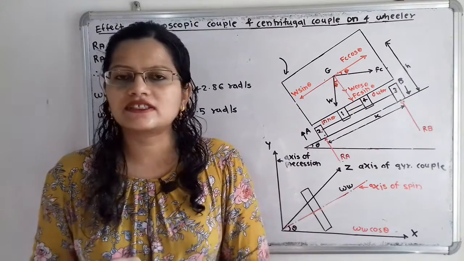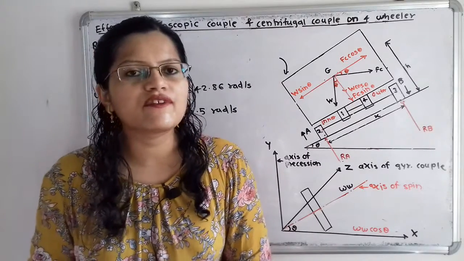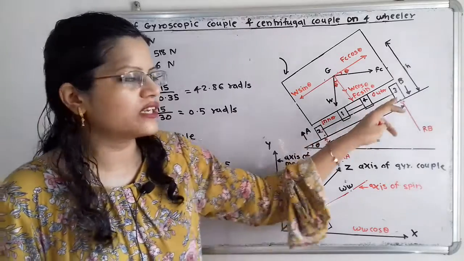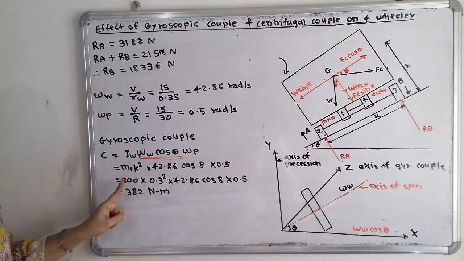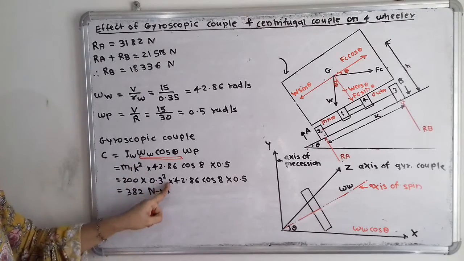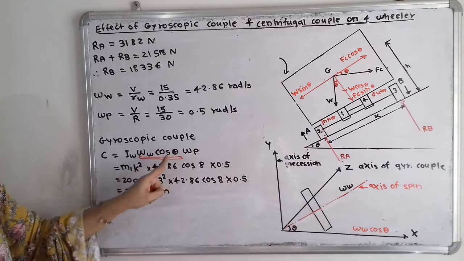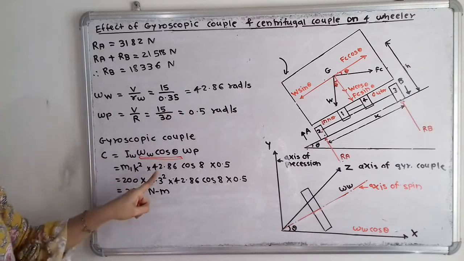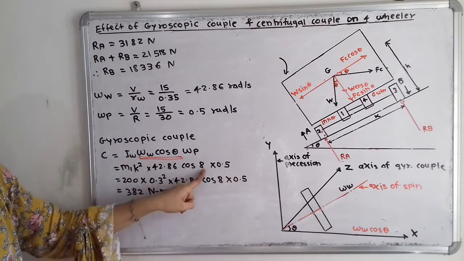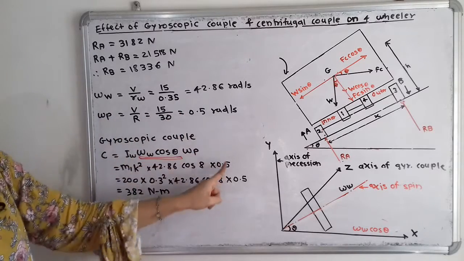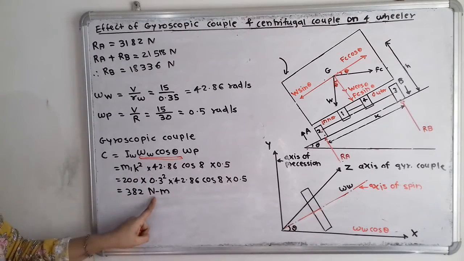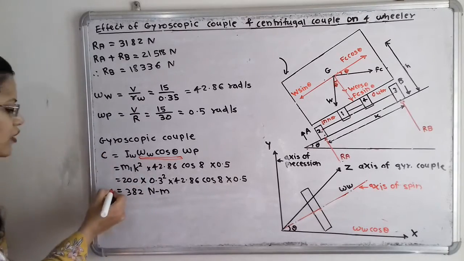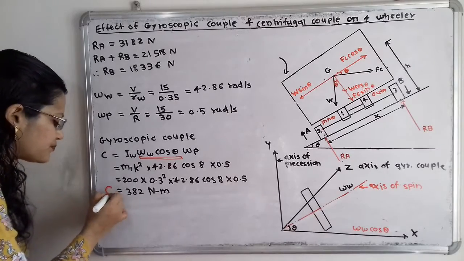That is m k square. Here instead of m we will use the mass m1 as a notation. So m1 k square, that is 200 into 0.3 square, then omega w cos theta, so omega w 42.86 cos 8 into omega p, that is 0.5. When we calculate this we will get 382 Newton meter. So this is the value of gyroscopic couple.